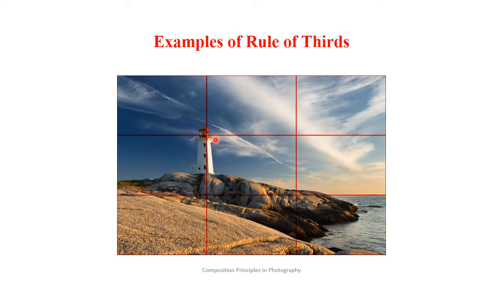See this picture, it is very interesting because the tower is placed along the line, and this composition principle is forcing us to look in this direction, at the tower. Similarly, another focus is placed on this line, on the sky or on this white line, fine.